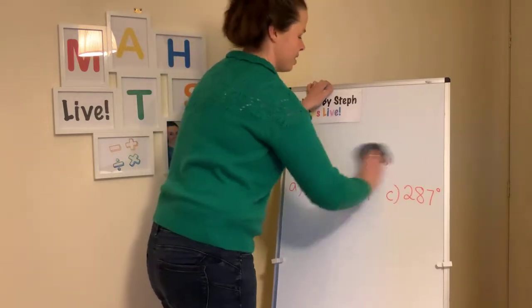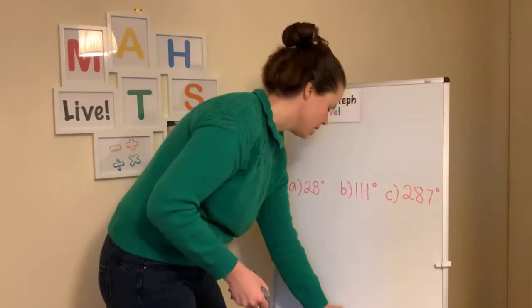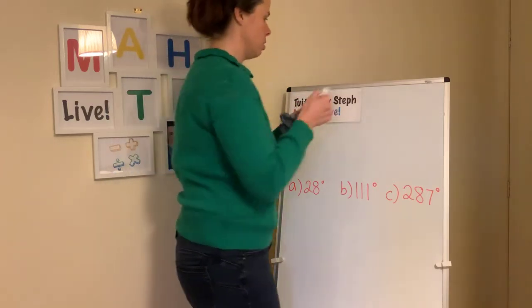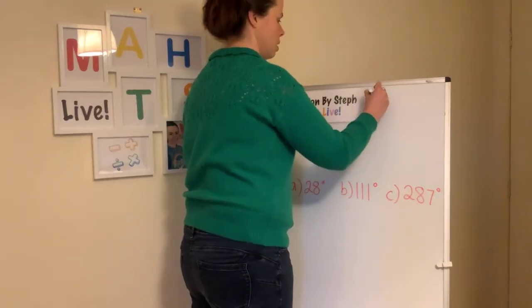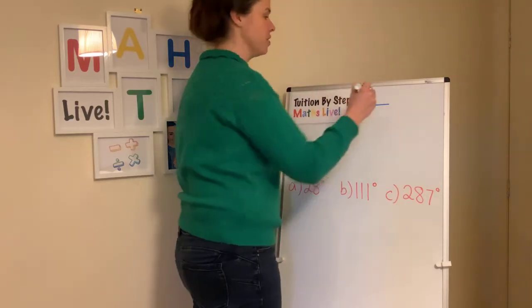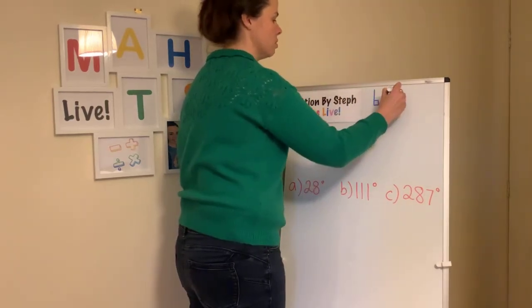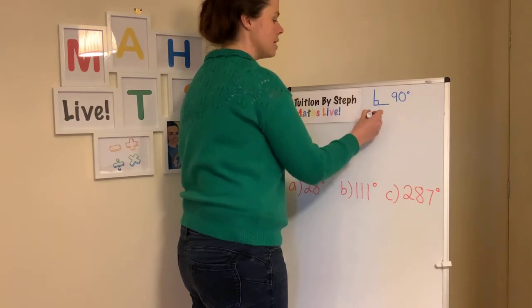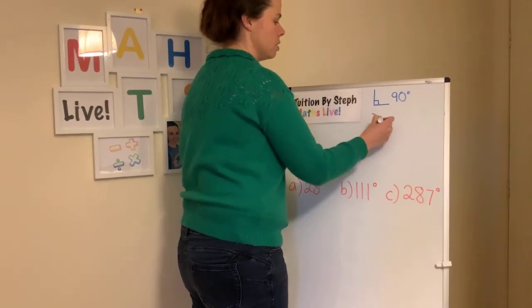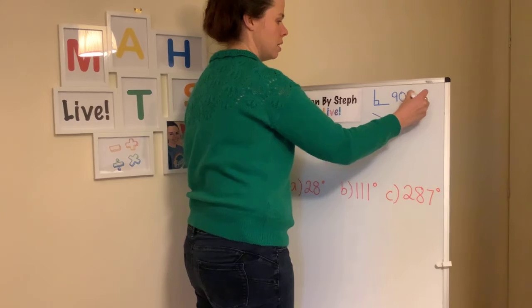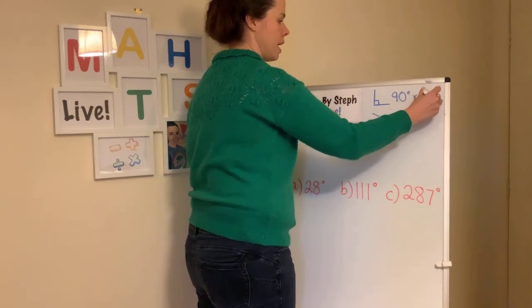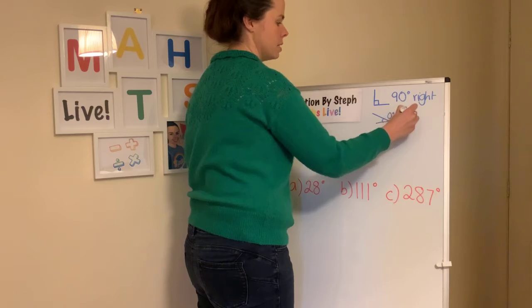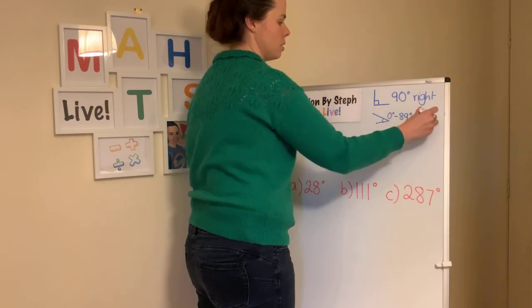Okay. So, which angles? Remembering, right angles are 90 degrees. We'll need that for today's lesson. Anything less than a right angle, between 0 and 89 degrees, is an acute angle.